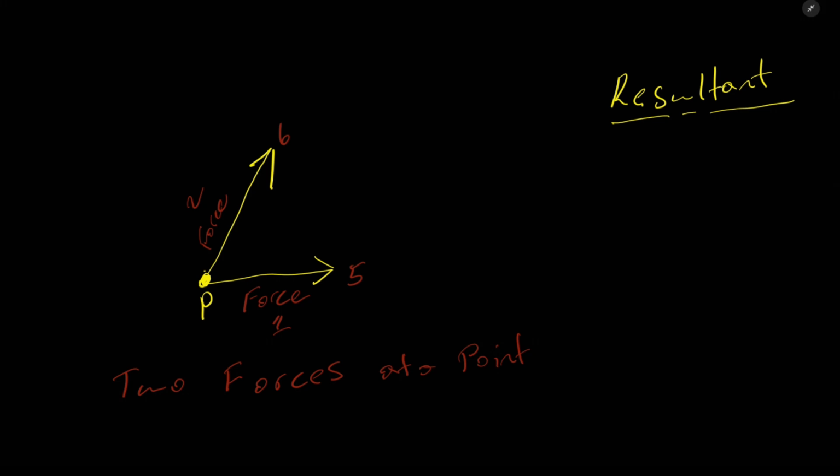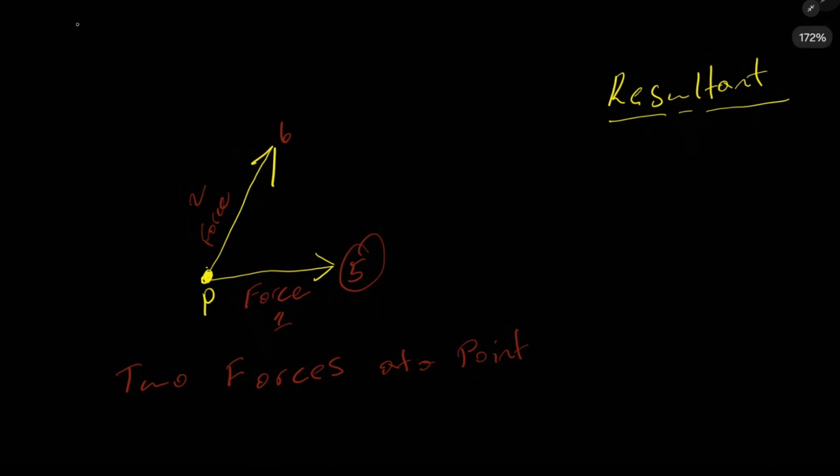Now what do we do here? To find out what is happening, we'll first draw the first force to scale. Whether you're using software or a ruler, you have to decide on your scale. You could say for every 1 unit, that will be equal to, say, 2 centimeters on my paper.